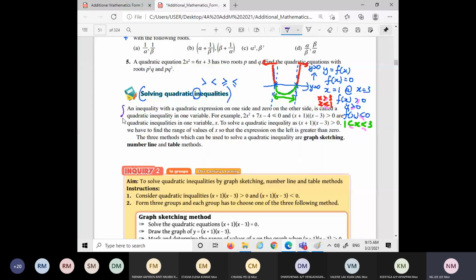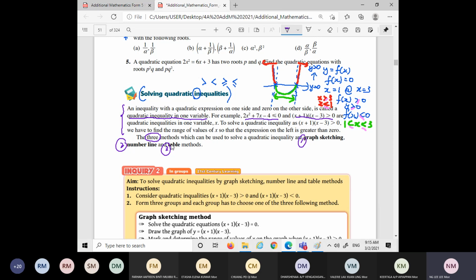This part actually explains what is a quadratic inequality in one variable. Then they give you the example. That's all. For this one, you can solve it by three methods: the first method, second method, and third method.